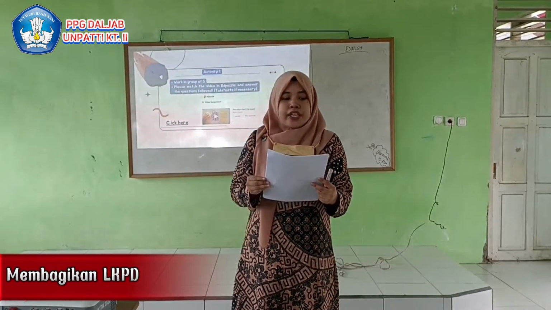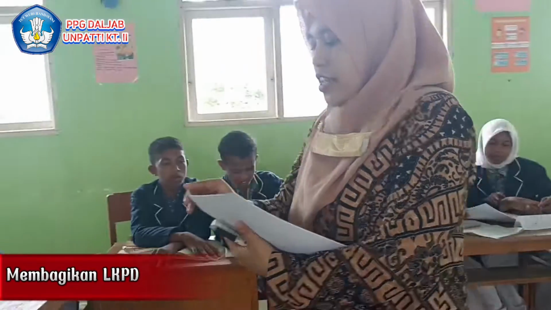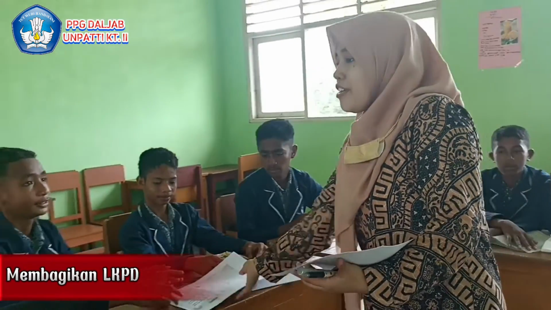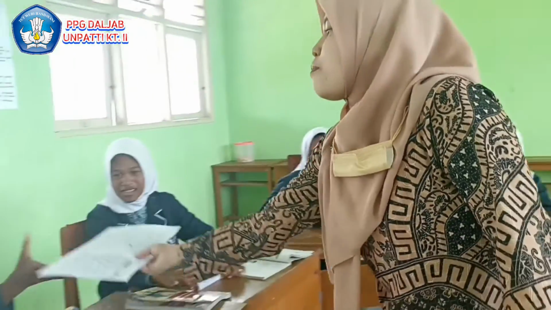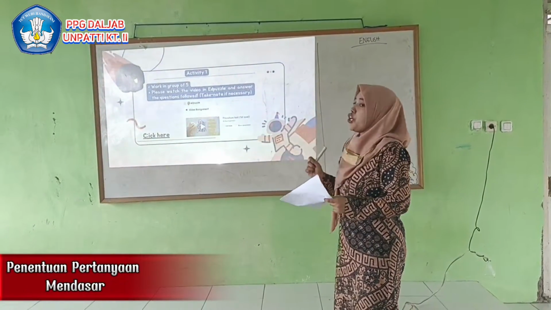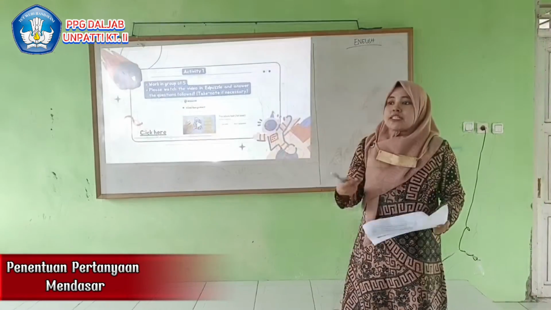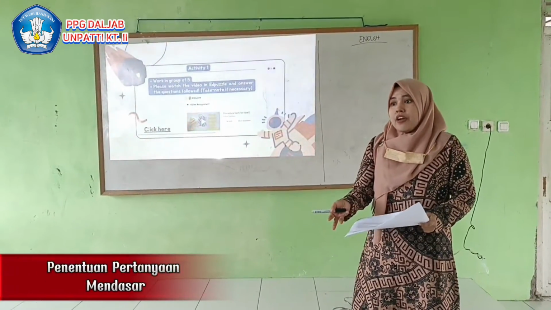I will pass to each group. So this is for Brazil, for Marcelo. This is for Cristiano Ronaldo's sons and daughters, and for Belanda. Work in group and then watch the video in a puzzle and answer the questions that follow. Please take note every important answer. Okay?